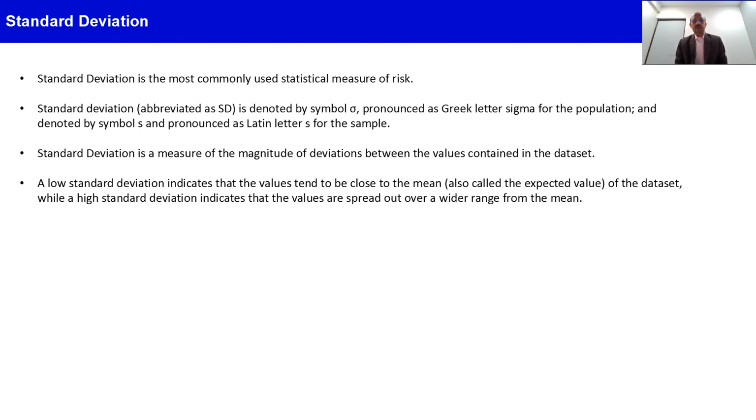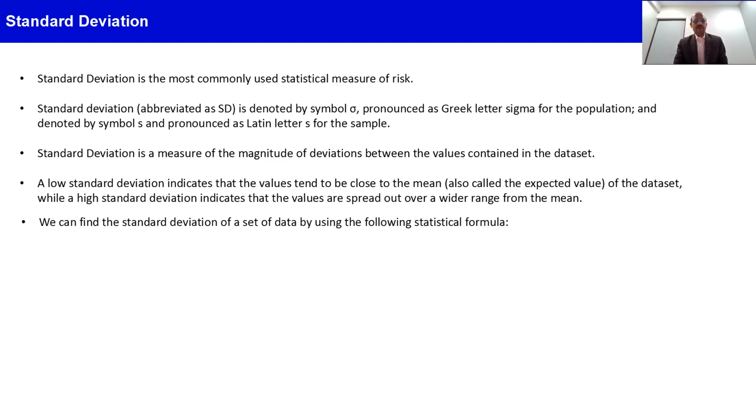So, in other words, we can say that standard deviation denotes how each value is differing or closer to its mean. So a low standard deviation means that the values tend to be closer to the mean, and a higher standard deviation means that the values are spread out over a wider range from the mean.